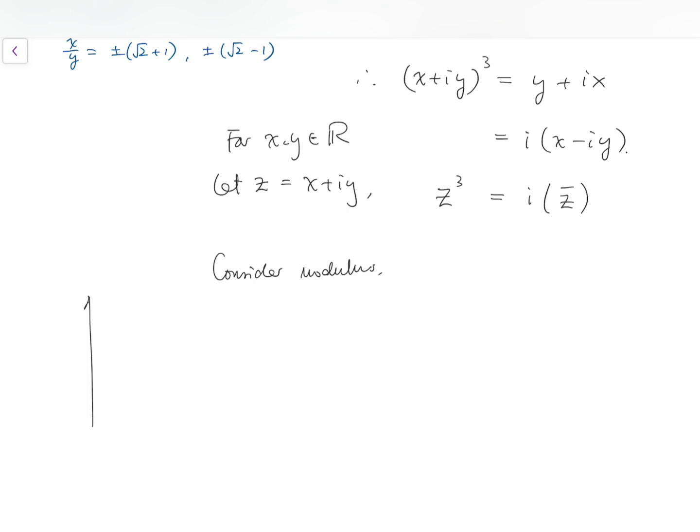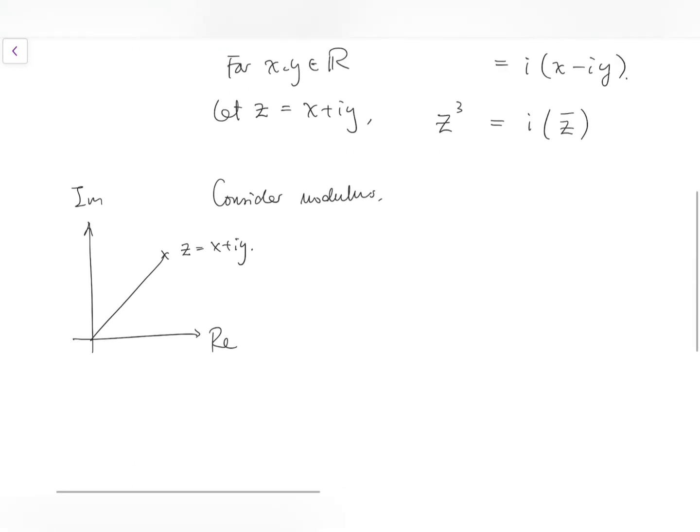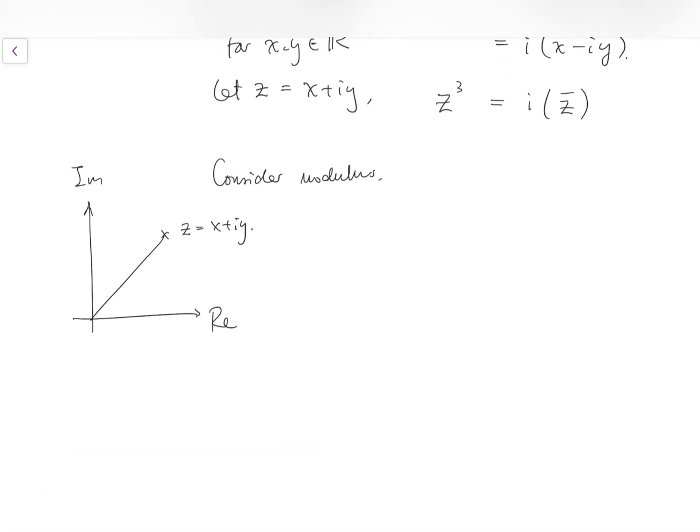Geometrically speaking, for a complex number plotted in this way, z equals x plus iy, the conjugate is defined by the reflection of that point with respect to the real axis. And so that means they should have the same modulus.